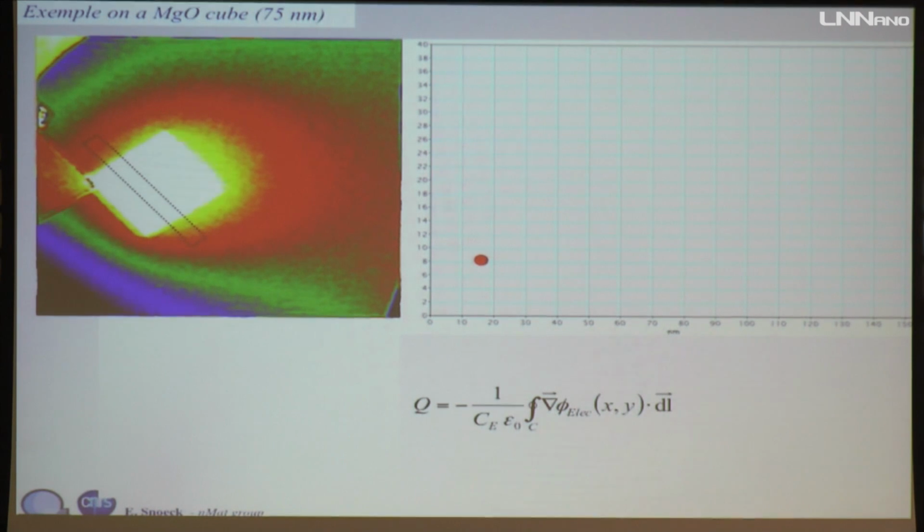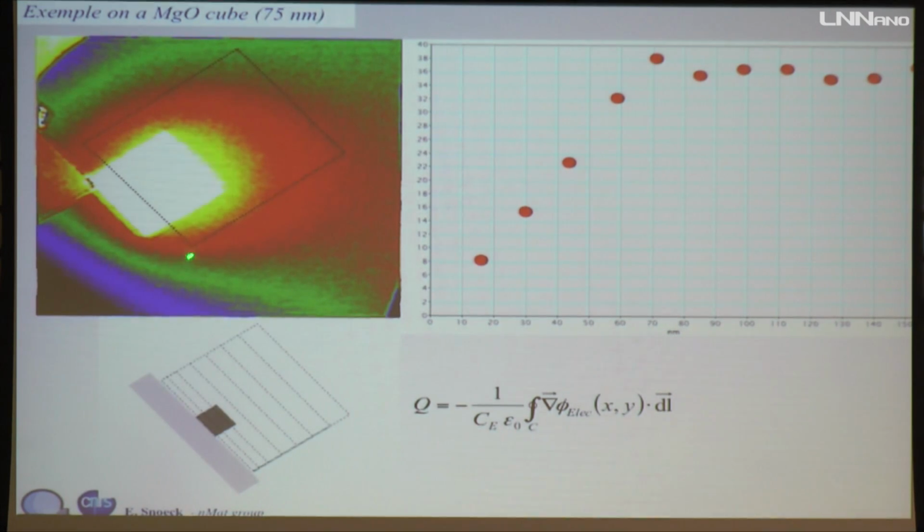When we make the measurement along this contour, we get one point, which gives you the number of charges trapped in this region. Then you move, and for each region you make this integration along the contour, and then you plot everything.